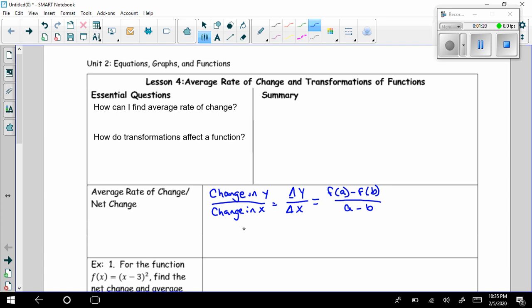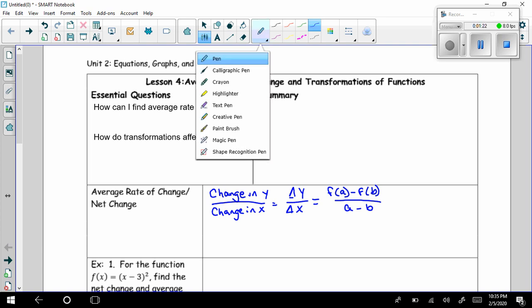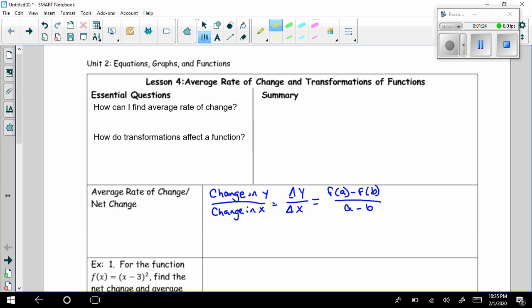So again, essentially slope, but the 2 points that you use here are very specific, and we're looking at that average rate of change for a given time in your graph. The top of this function here, when we just look at the change in our y's, has a special name as well. And this here is your net change.